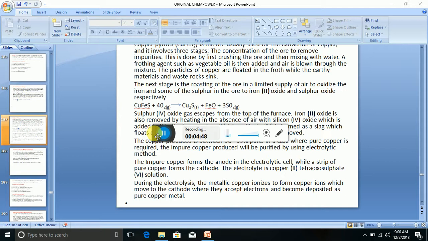The electrolyte is copper 2 tetraoxosulfate 6 solution. During the electrolysis, the metallic copper ionizes to form copper ions which move to the cathode where they accept electrons and become deposited as pure copper metal.